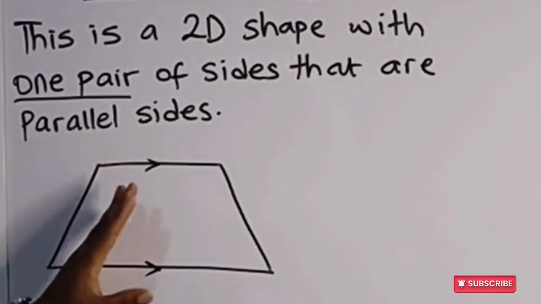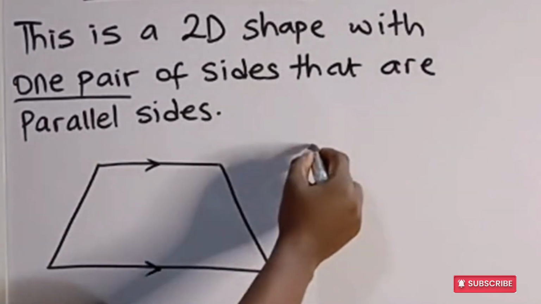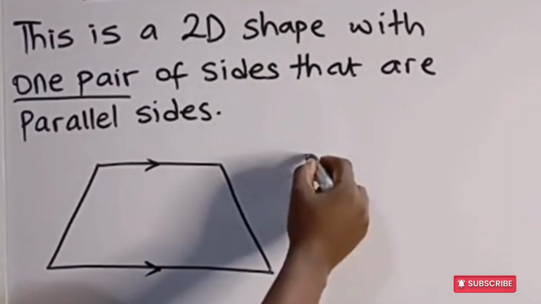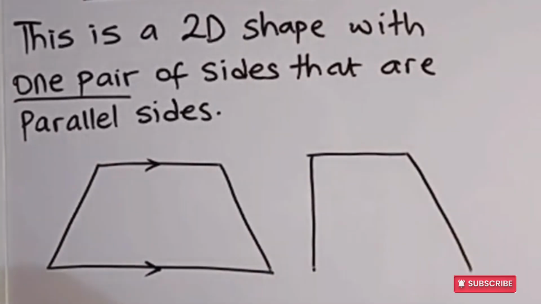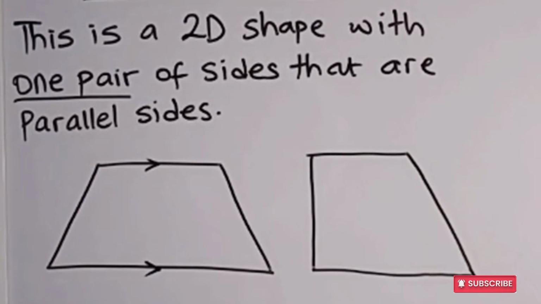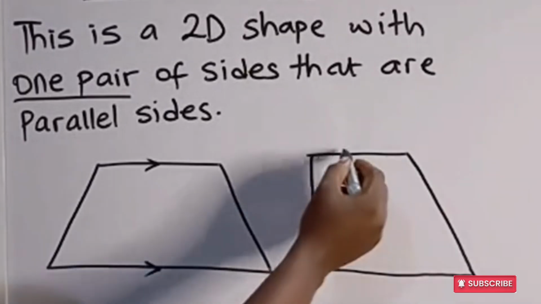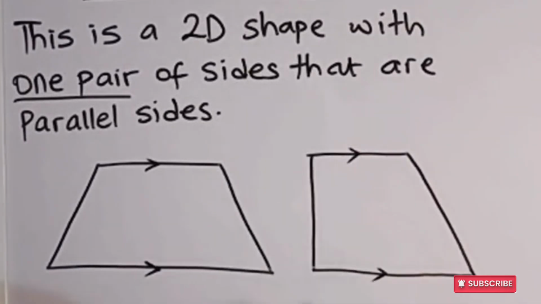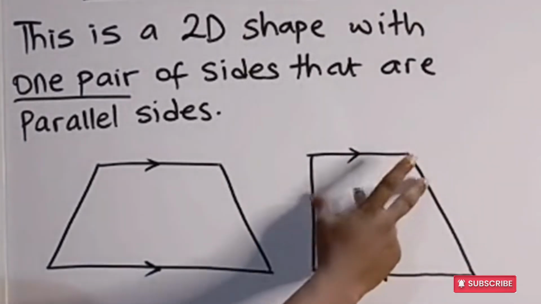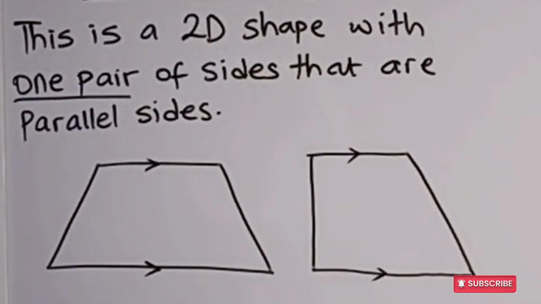Also, if you have a shape like this, this is also a trapezium because these two sides are parallel, but these two sides are not. If they continue this way, they are also going to meet.